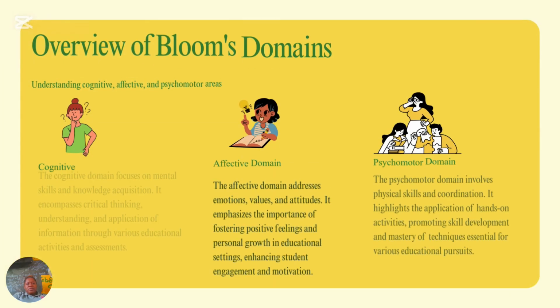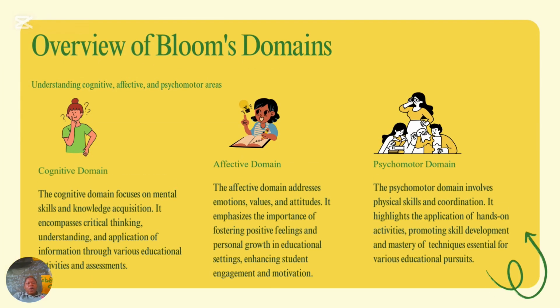Let's get into it. An overview of Bloom's domains. Bloom's taxonomy helps teachers to design objectives that support how the students think, which is the cognitive domain, incorporate the students' feelings and emotions, which is the affective domain, and include the psychomotor domain, which is hands-on skills experience.